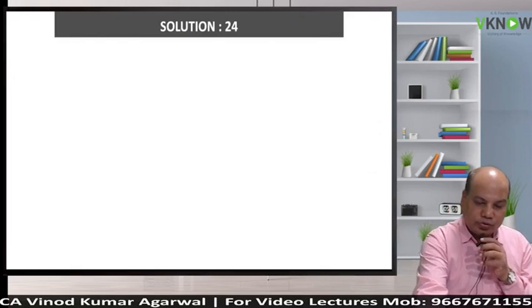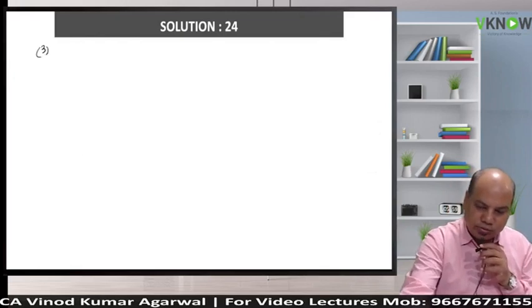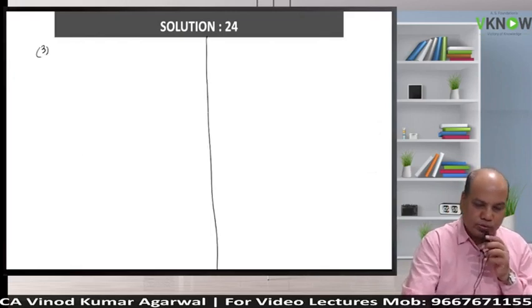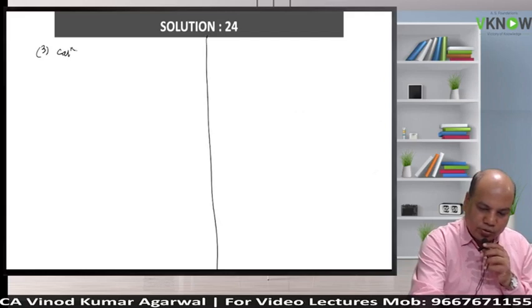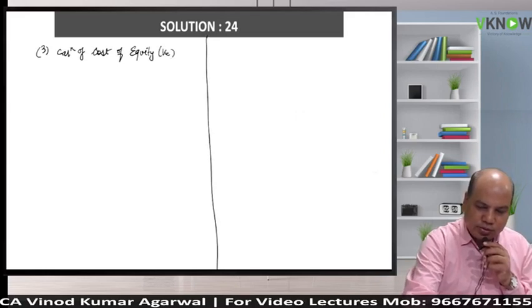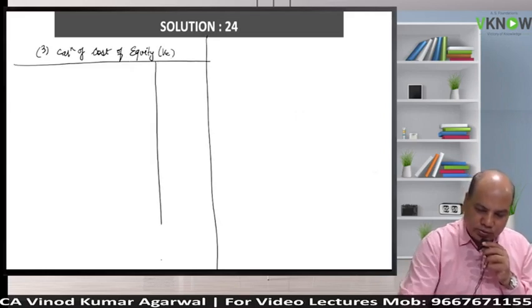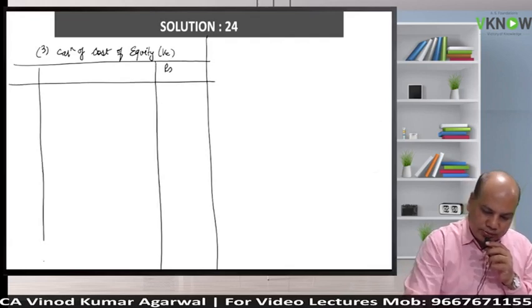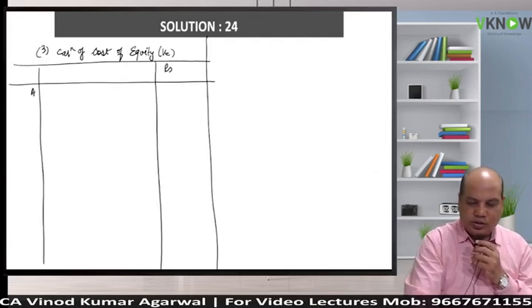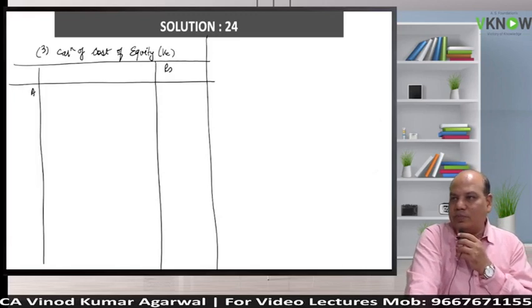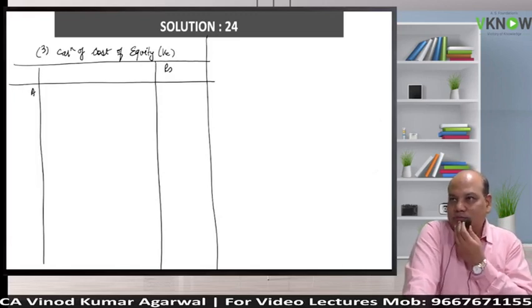So step number 3, which is your question number 2: Calculation of cost of equity. See, with practice you will understand. I can understand that it may be confusing, but with practice you will be able to get the answer. Otherwise many students leave this chapter, many teachers also leave.